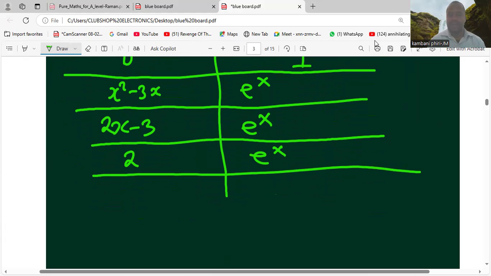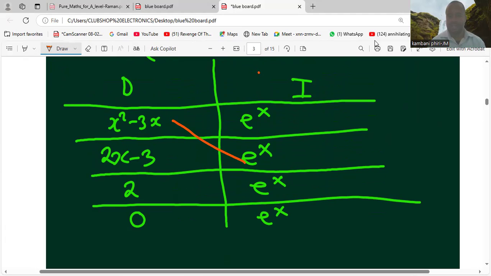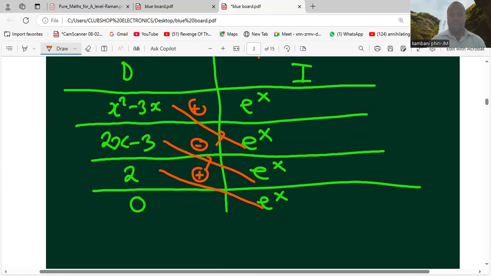Then when you differentiate this, we'll get 0. Here we have e to the x. Now, we are supposed to get the diagonal products. It will alternate, starting with plus, then minus, then plus.